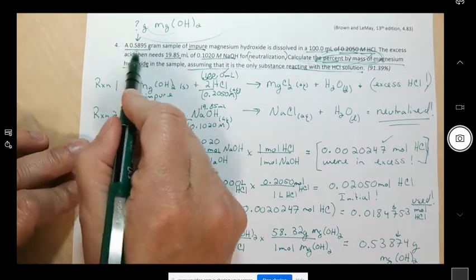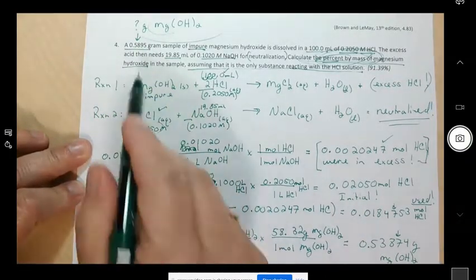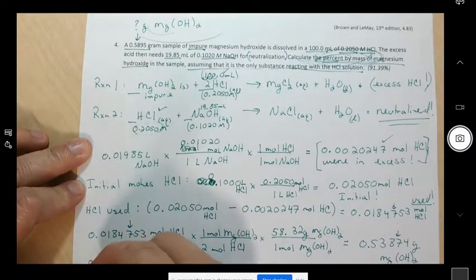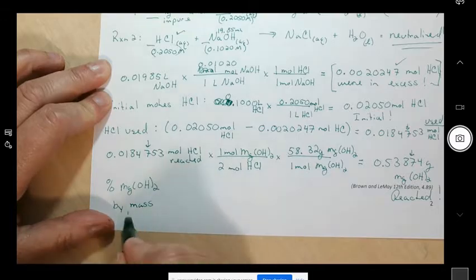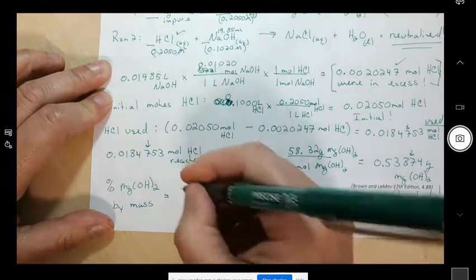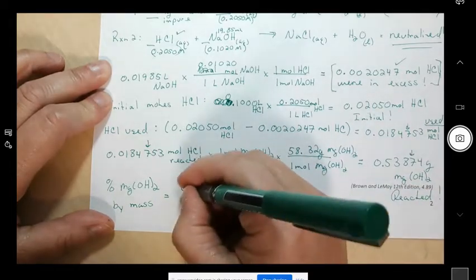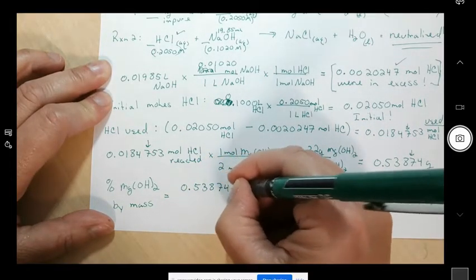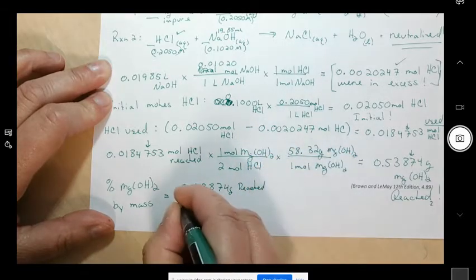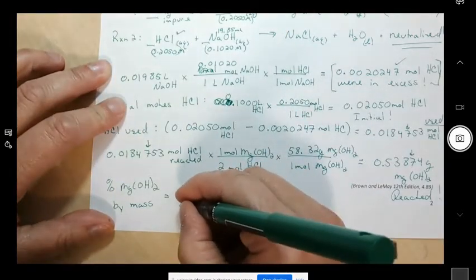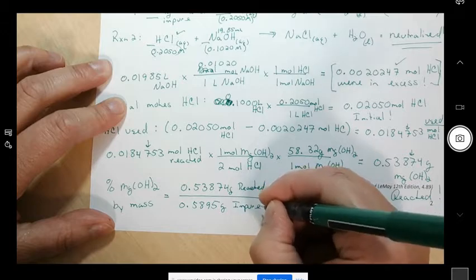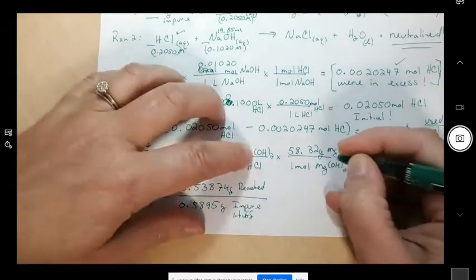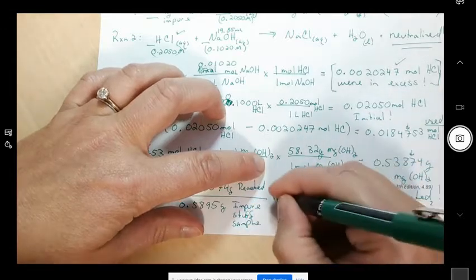So if I have 0.5895 grams of my impure sample, my percent Mg(OH)2 by mass, because when they say percent, they're talking about percent by mass, I'm going to take my grams of magnesium hydroxide that I actually reacted, 0.53874 grams reacted, divided by the mass of my impure sample, 0.5895 grams, and then multiply that by 100.